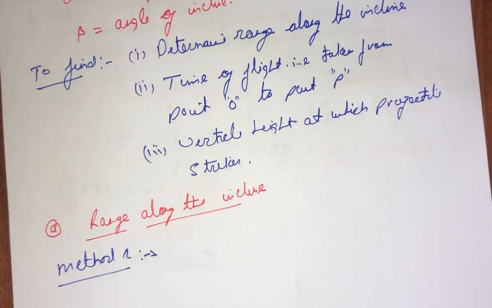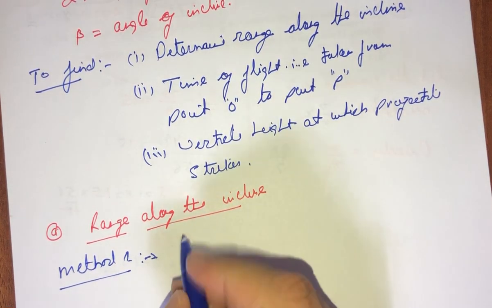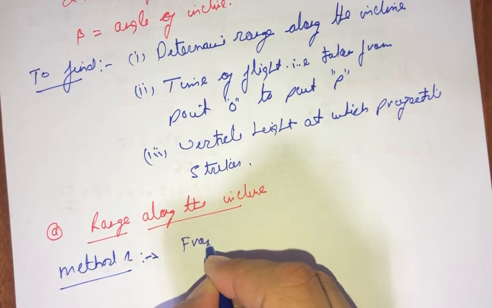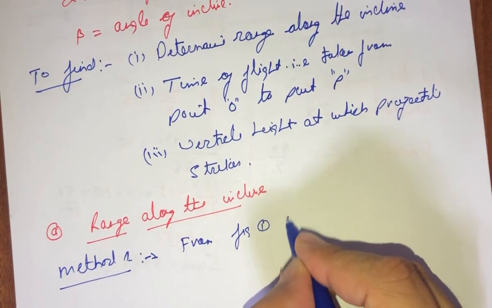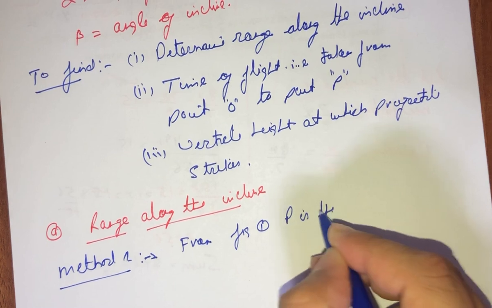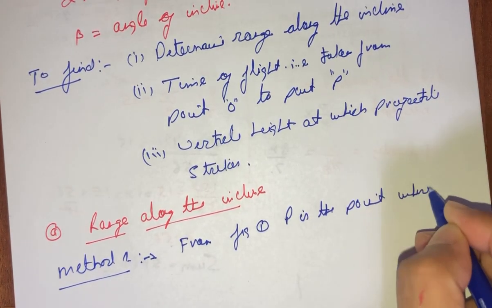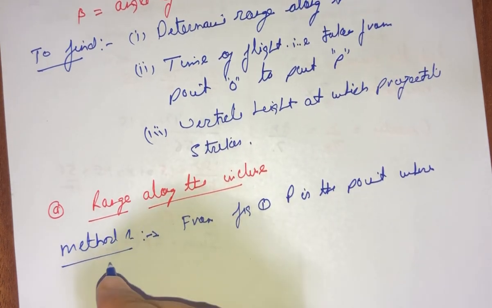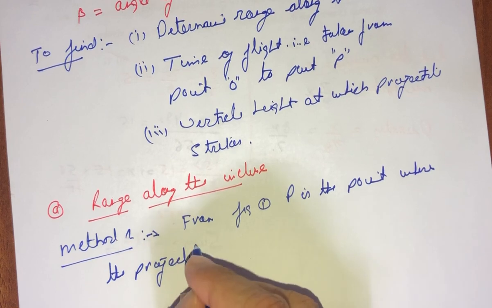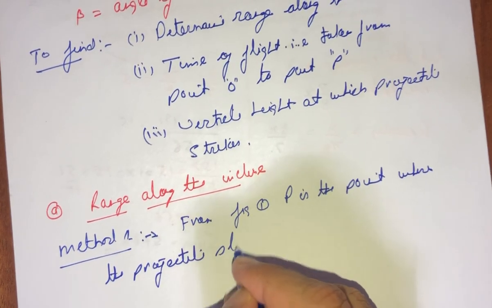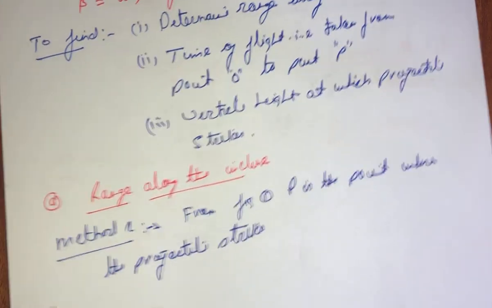So in method 1, from figure 1, P is the point where the projectile strikes.